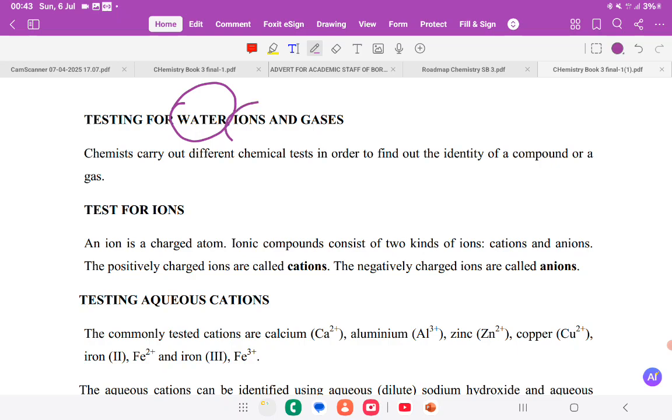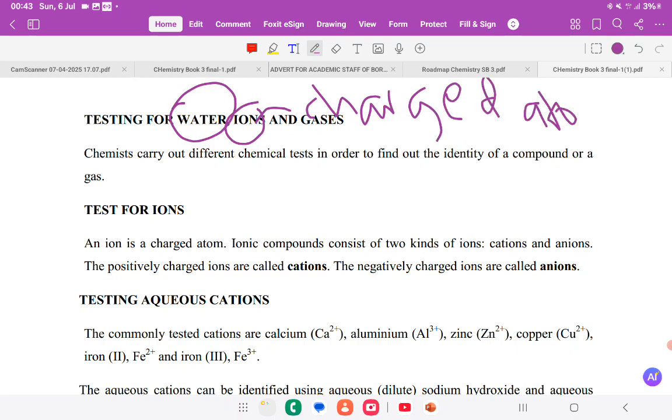You will also be required to tell the nature and type of ions present in a solution. Remember that ions are charged atoms.